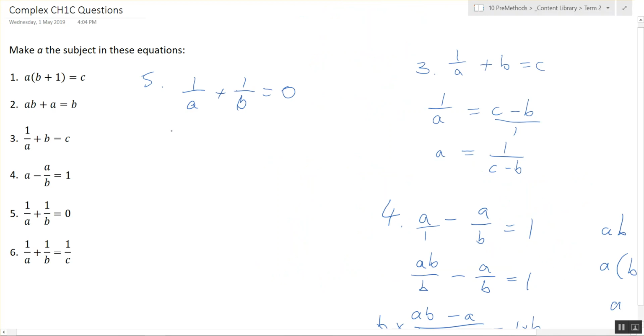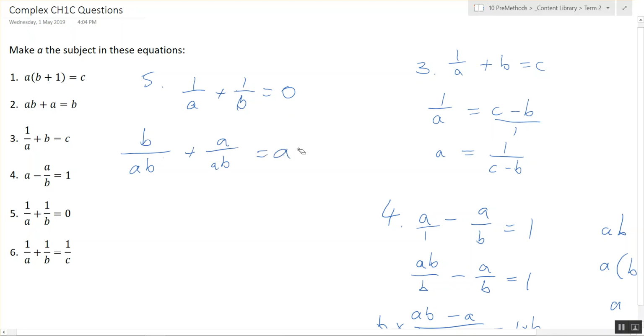So again, we need to have the same denominator. So we're going to times b over ab plus a over ab equals 0.